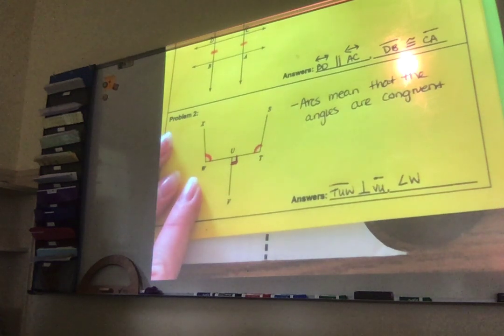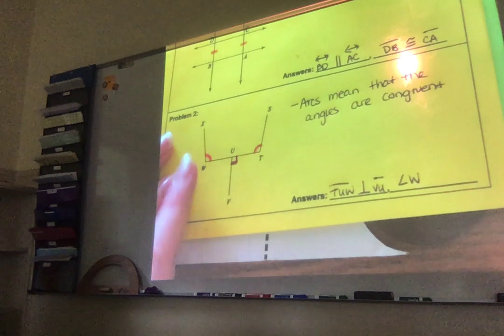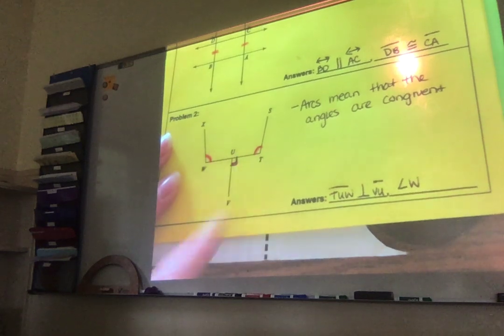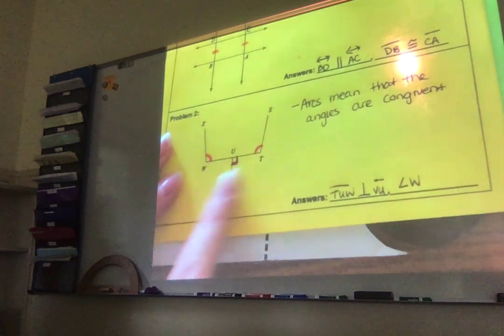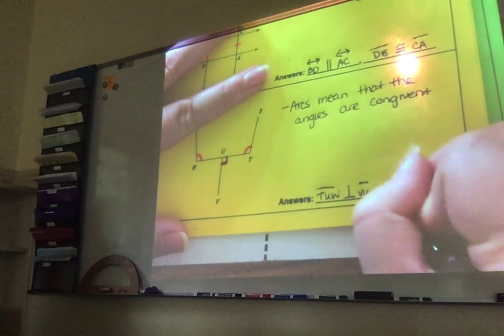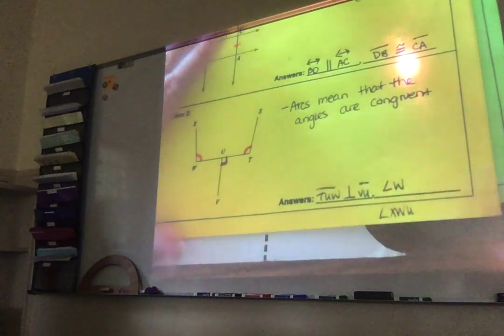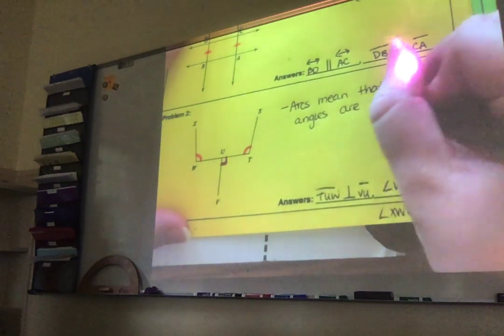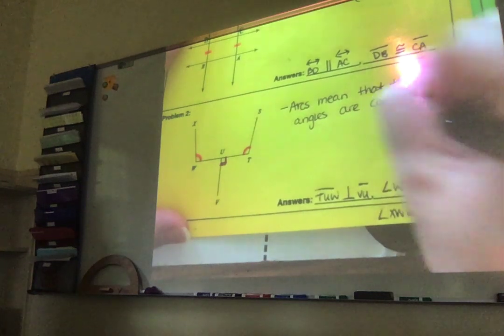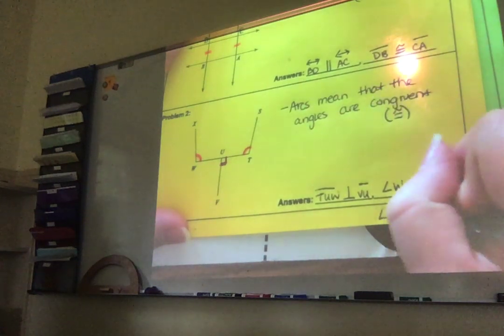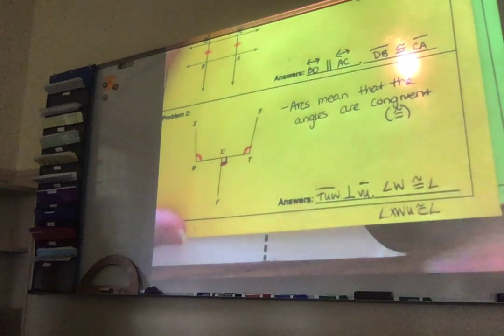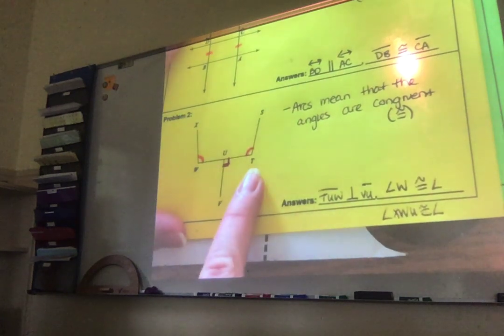Angle XWT. Yep. Or angle XWU. I would probably use angle XWU. So I could do angle XWU, and they are congruent, which is the same symbol as the last time, to what other angle? What's the easy name?